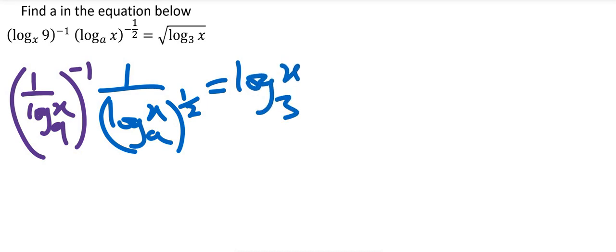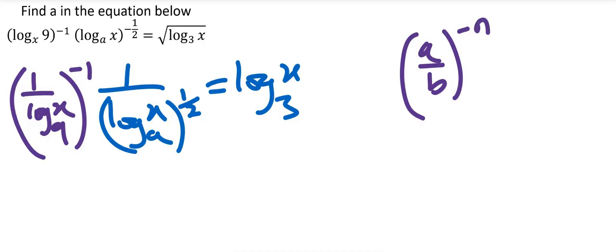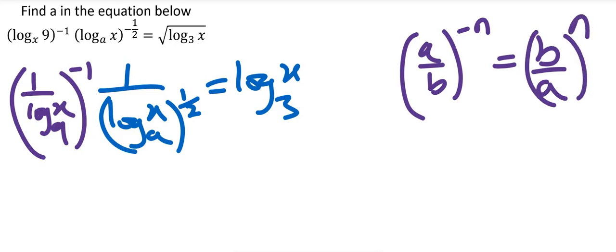Now, going back to this part, since it's a negative power, if you have a fraction a over b to the power of negative n, or negative 1, this is the same as b over a to the power of n. That's what I'm going to use. So if you look at this question, I've been using the law of indices and the law of logarithm to manipulate before we arrive at the final part.